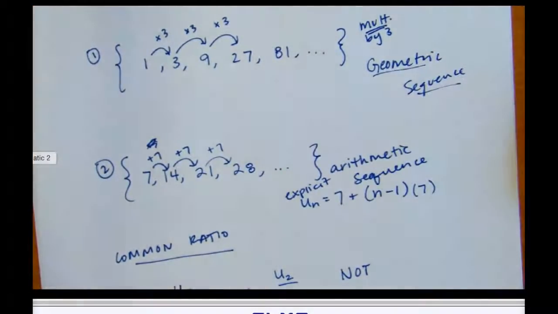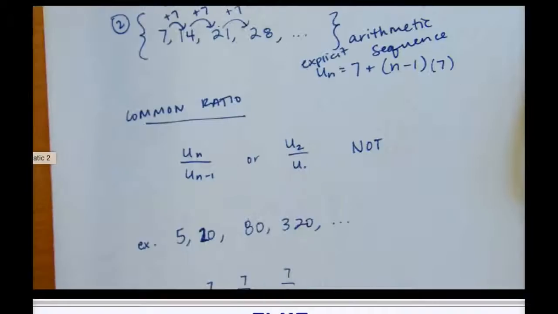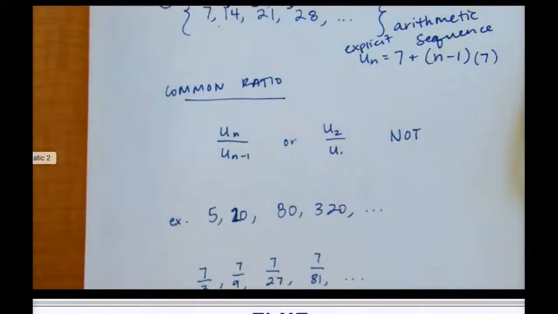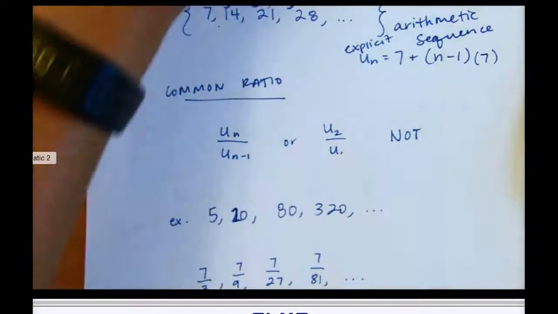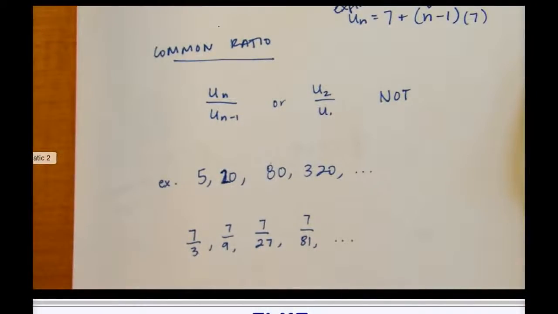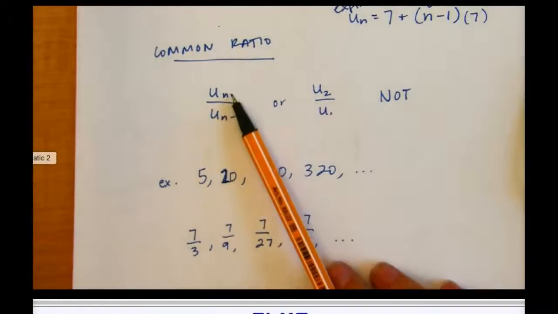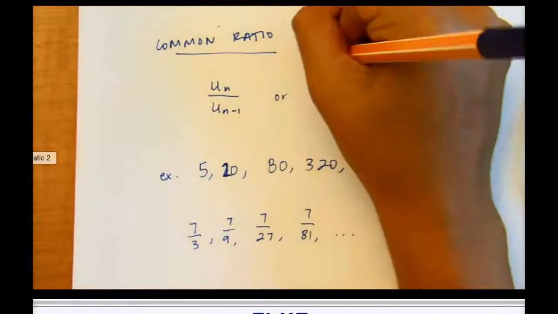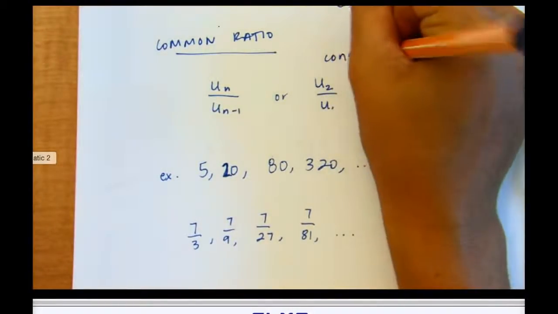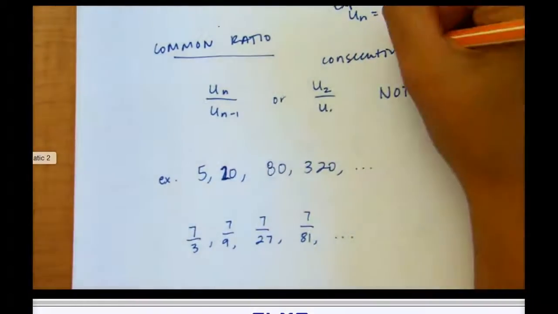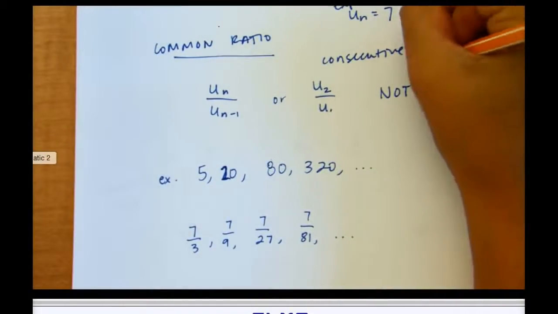So when I'm multiplying to get from term to term, I've got a common ratio. To find my common ratio, like I said before, you're going to take the quotient of consecutive terms. Consecutive means they're next to each other.